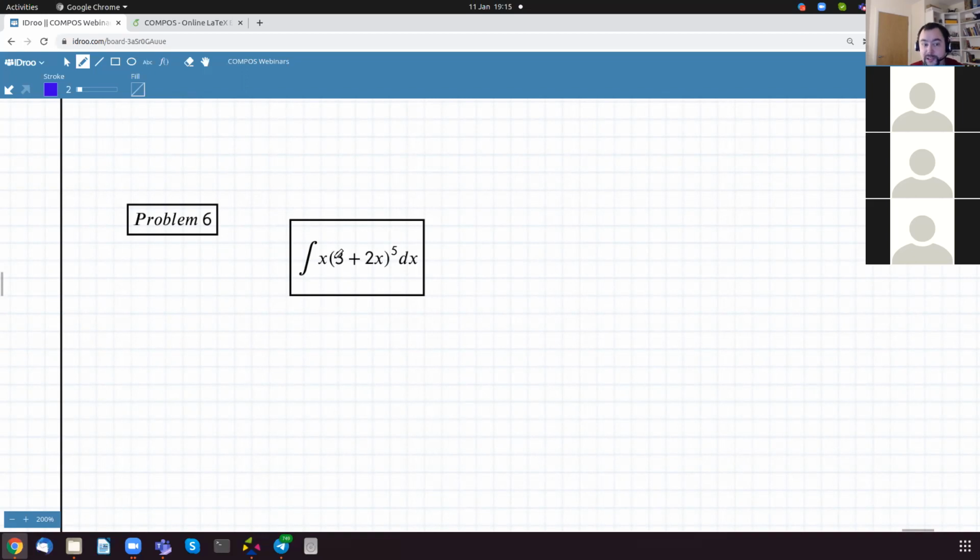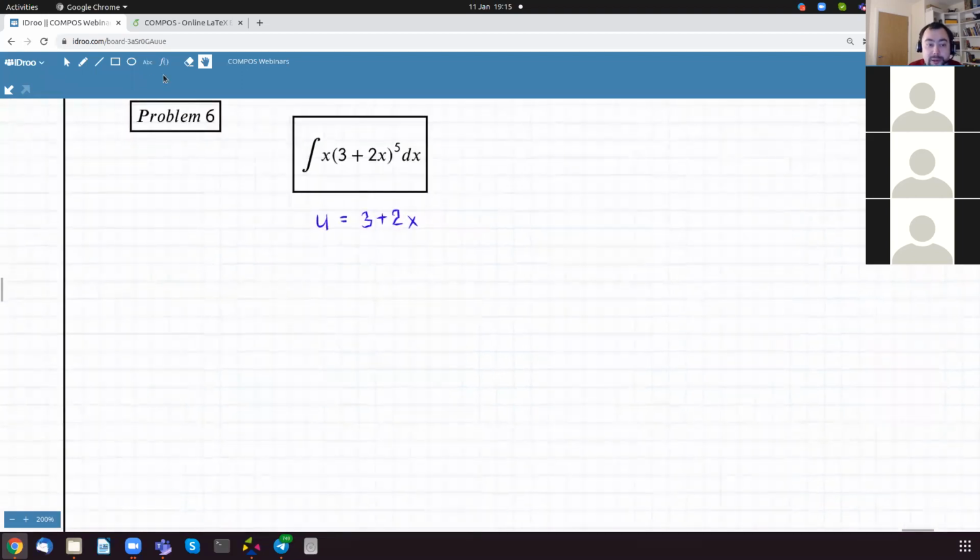Do a binomial expansion to the 5th power and then multiply by x, you get a polynomial of the 6th power, and then it's dead easy to integrate. It's a straightforward integration. I'm going to use a substitution here. I'm not saying that's the only way to do it. There are several other ways to do this integral. I just want to show how this integral becomes reasonably simple when you apply the substitution u equals 3 plus 2x.